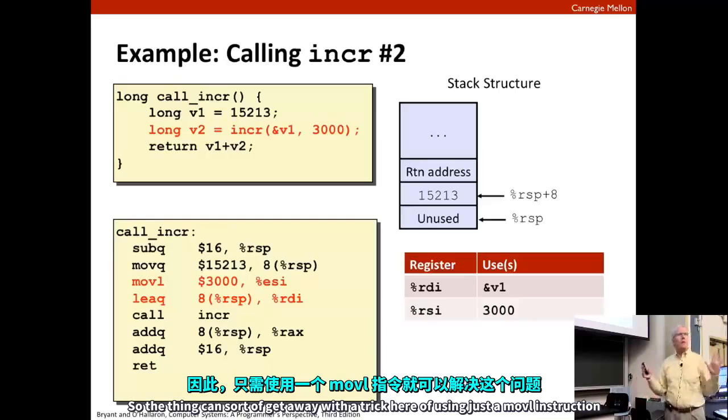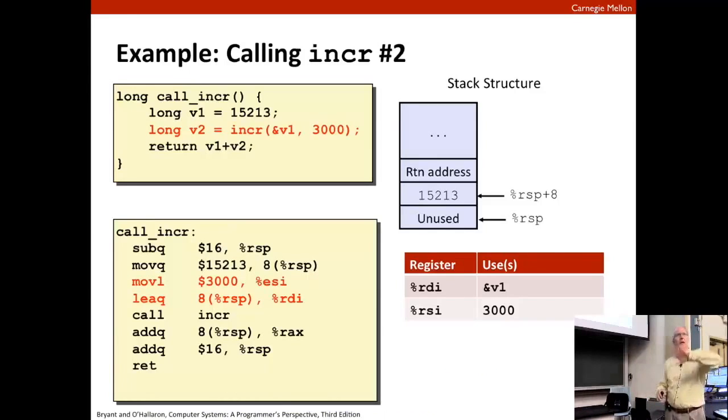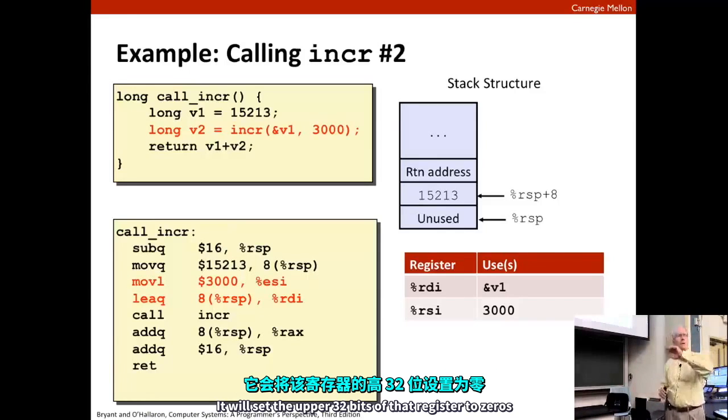So the compiler can get away with a trick here of using just a movl instruction, because when any instruction has one of the E registers as its destination, it'll set the upper 32 bits of that register to zeros.